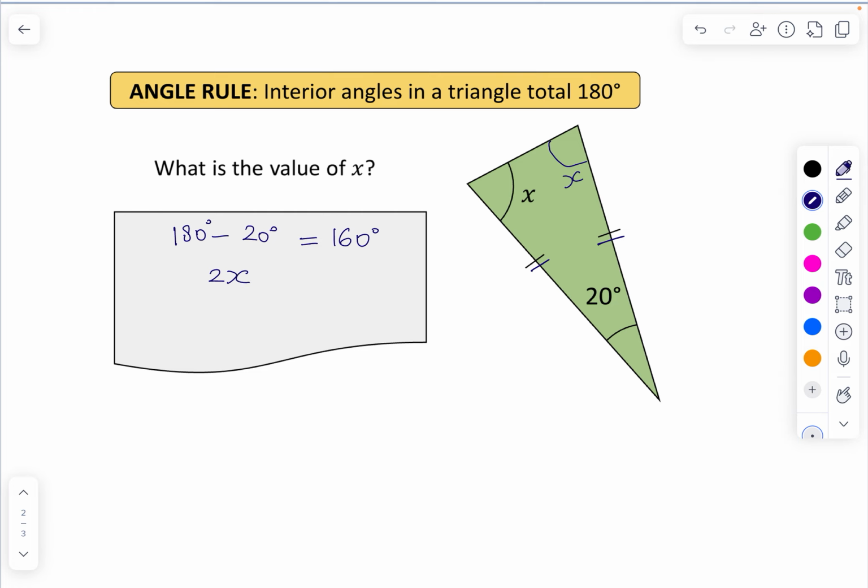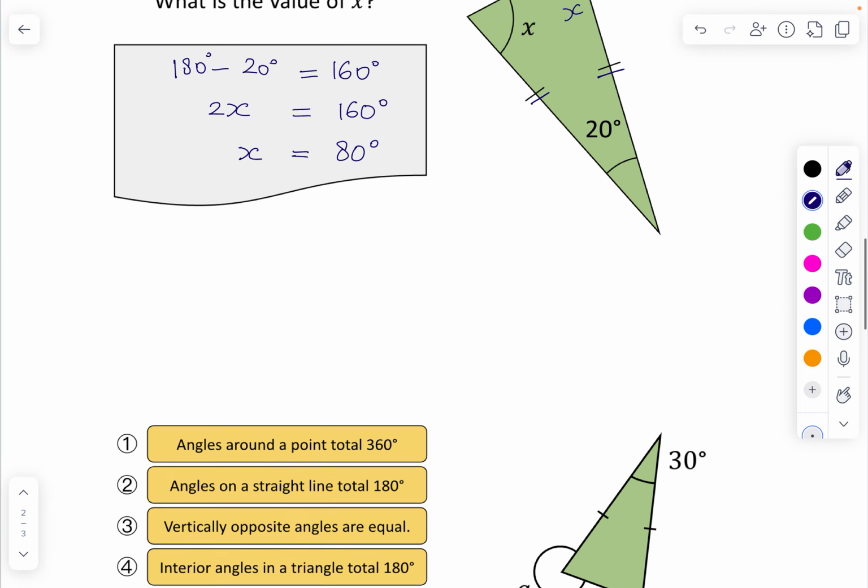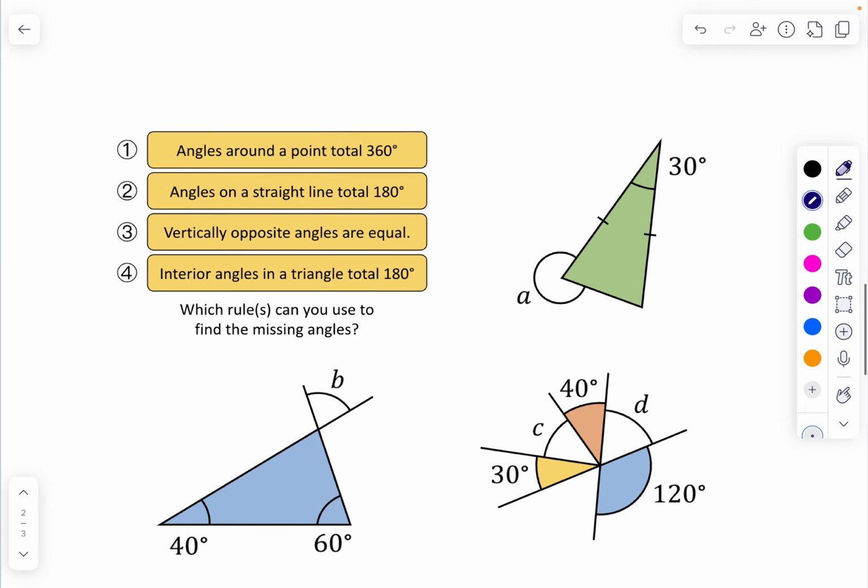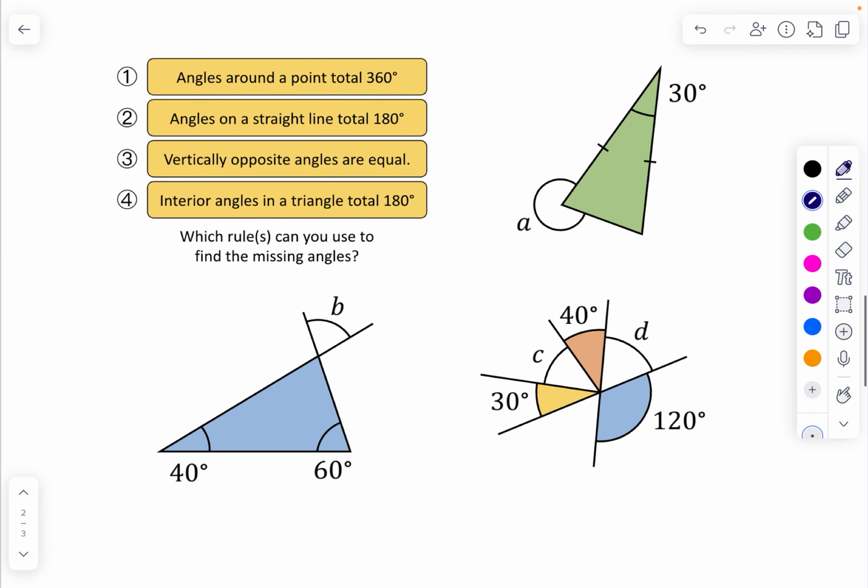So 2x, two lots of those angles, is equal to 160 degrees. Therefore, x, or one lot of this angle, should be equal to 80 degrees. So hopefully this makes sense to you. We have now the very last few questions. So let's have a look.